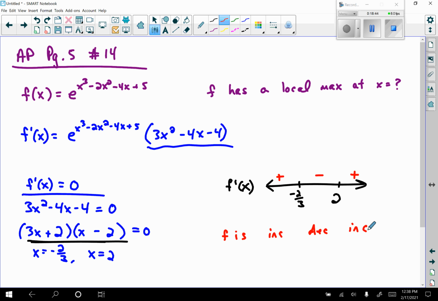So we would have a local max at x equals, oh, sorry, it is a min. We would have a local min here at x equals 2. So that was answer E.